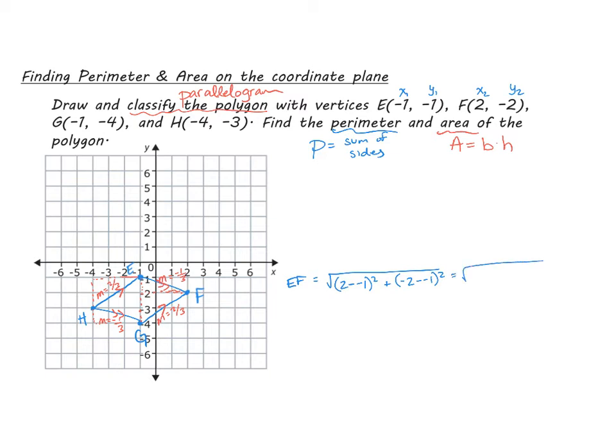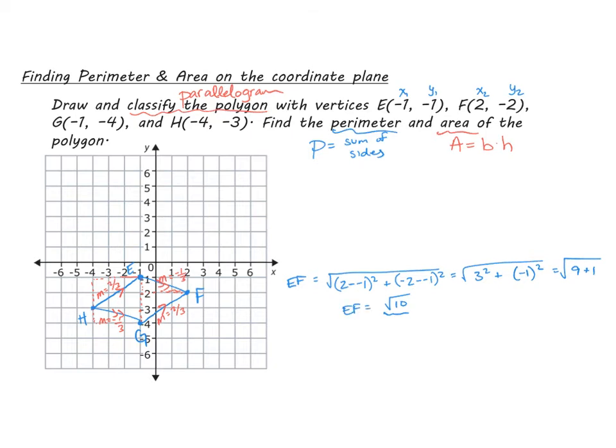All right, simplify that a little bit. It looks like it's going to be 3 squared plus -2 plus 1, -1 squared. So it looks like a 9 plus 1. So the length of EF is equal to the square root of 10.